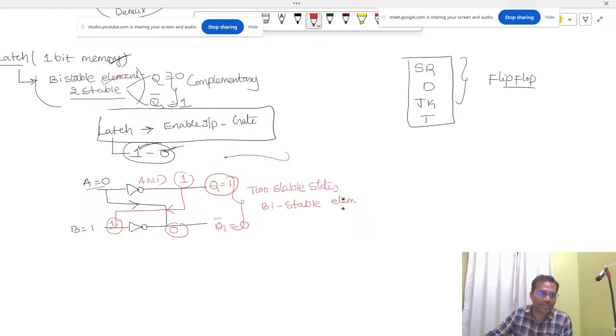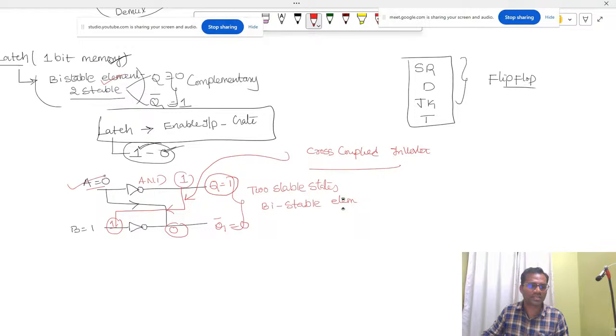The way of interconnecting one inverter with another inverter is called cross coupling. So these are cross-coupled inverters. Like this, we can interconnect NAND gates and NOR gates, using AND gates or OR gates rather than inverters. That's why it is called a latch, where two inverters, or two AND gates, or two OR gates are cross coupled.